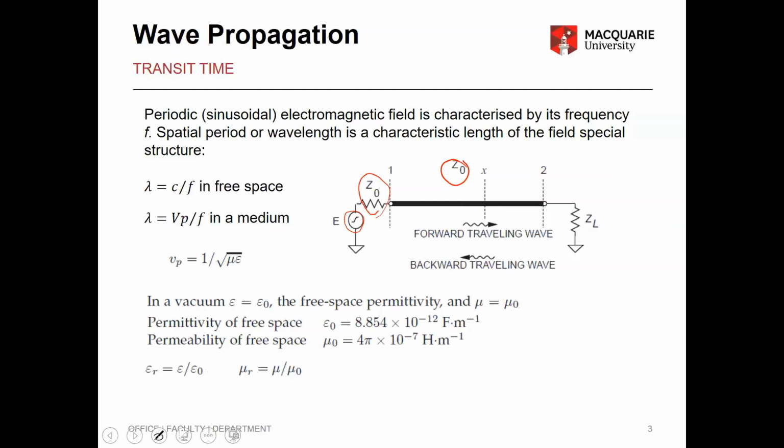It's not exactly a resistance. The impedance comprises a real part and an imaginary part, so it can be resistive, it can be reactive. Now the transmission line will have a certain impedance, and then it will deliver that signal or power to a load.